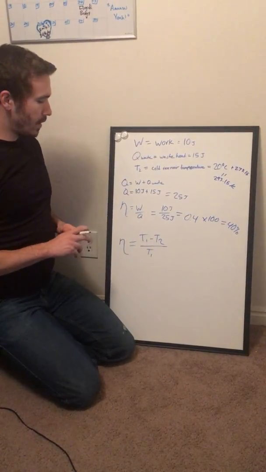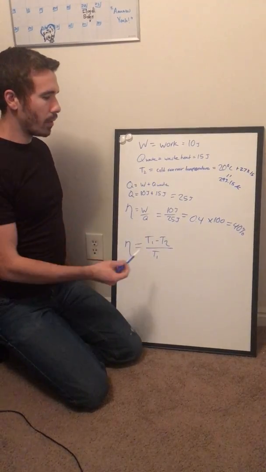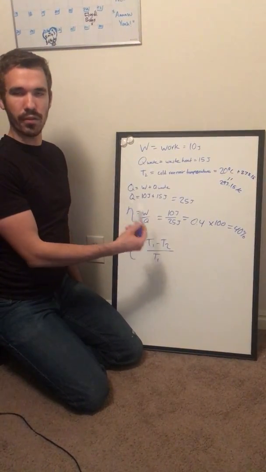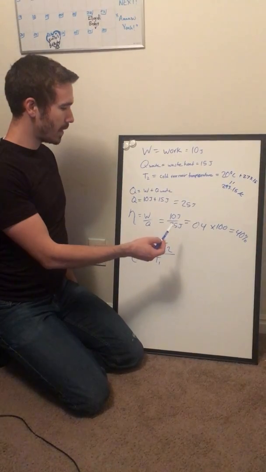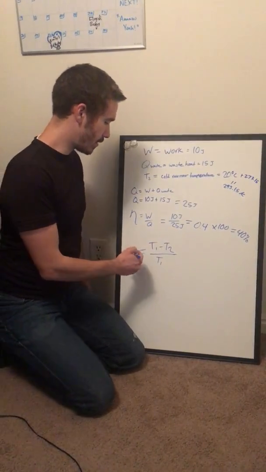Now that we have it in Kelvin, we can use it as our T2. We also have our efficiency, which we solved for earlier as 0.4, which we can also enter into this equation.